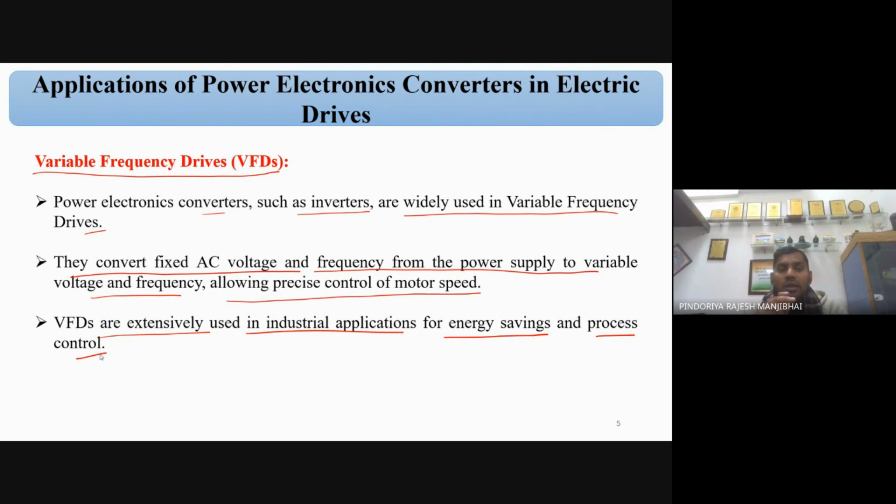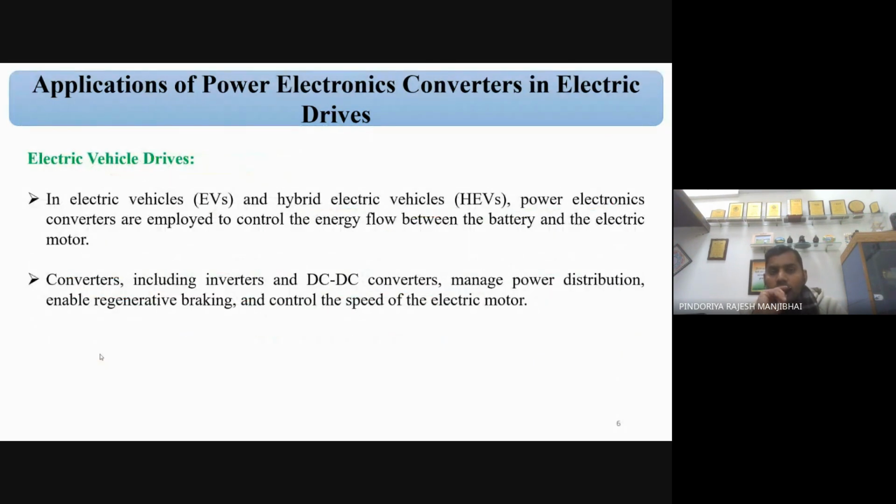So the first and most important application is the VFD, variable frequency drive. The second one is electric vehicle drives. We all know about electric vehicles, correct? Electric vehicles and hybrid electric vehicles.